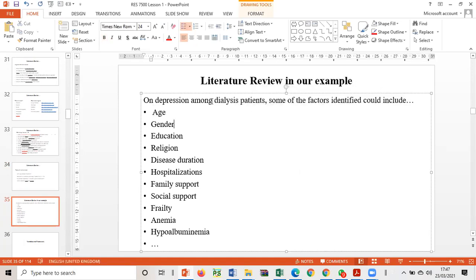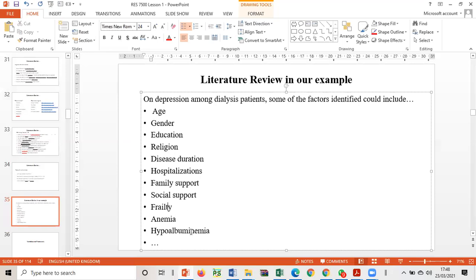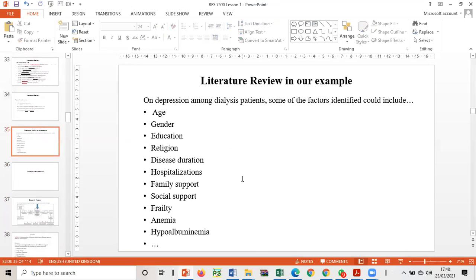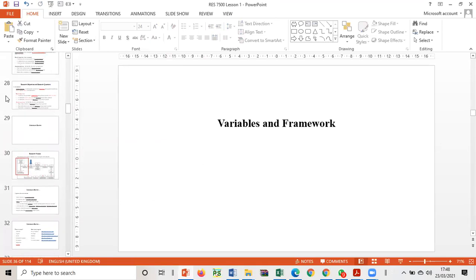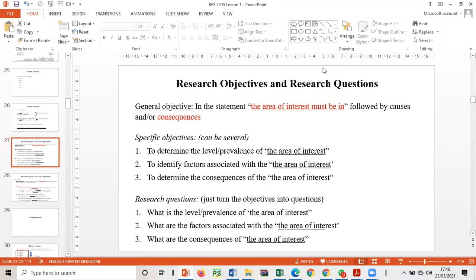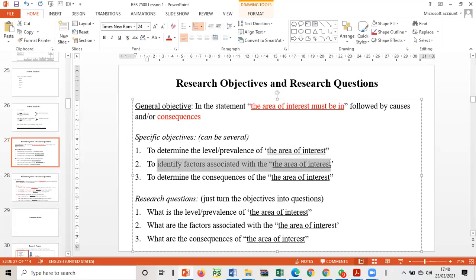What we found? Factors associated: age effects, gender, education, religion, duration of disease, hospitalization, family, social support, frailty, anemia, albuminemia. These are things most of the time people cite. So to answer my question just now, my objective is factors associated, but what factors?